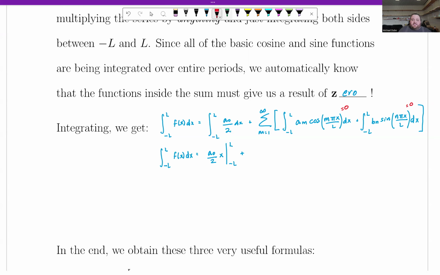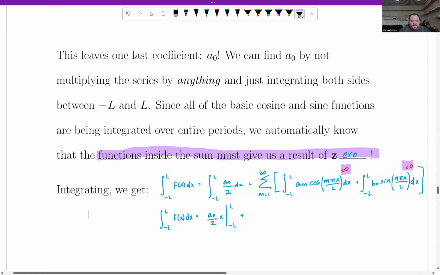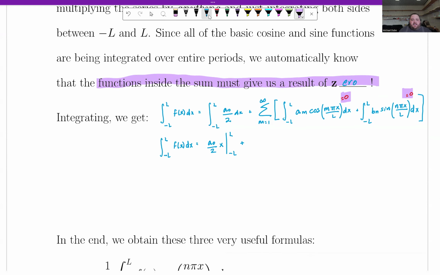So this will be equal to 0. Functions inside the sum give us a result of 0. That is exactly what this previous paragraph was talking about, saying that this all simplifies, so we get plus 0.